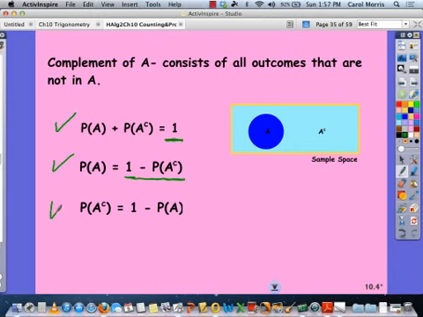And also, if you know the probability of your complement, then 1 minus the probability of A is also equivalent to the probability of A's complement. So notice the notation and how we do that. And the complement, again, consists of all outcomes that are not in whatever is desired. So with that, you will be able to find some probabilities, and you will probably use that and be asked about that in your work today. So bring any questions you might have to class, and we should be good to go.